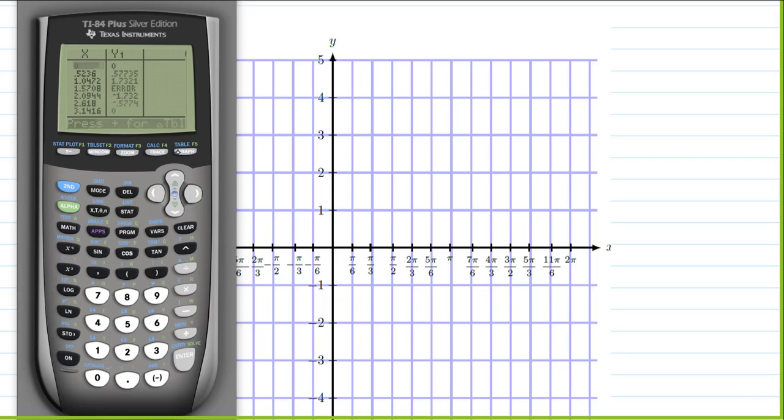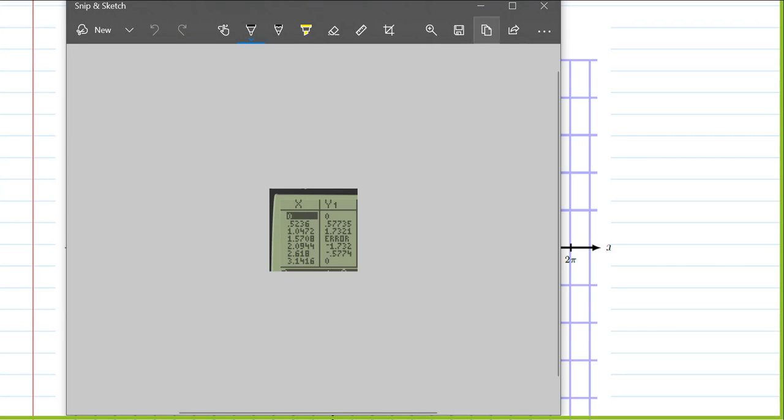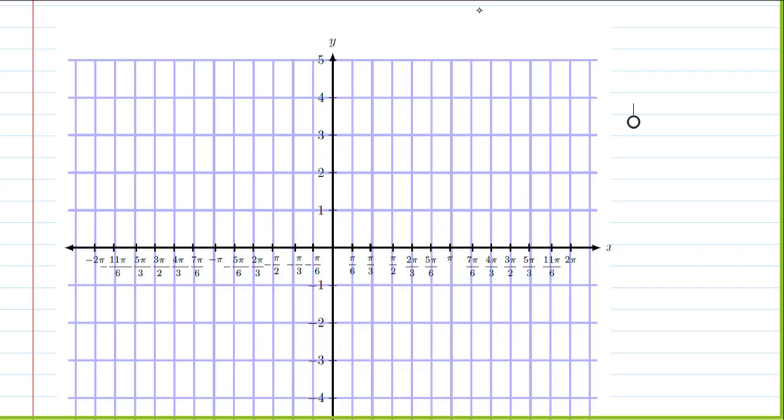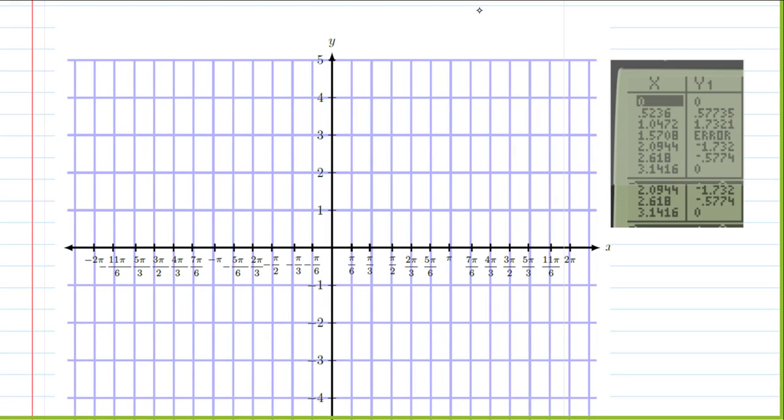And now if we go second table, we get the following set of values. 0, 0, half, pi over 3 is going to be 1.7, and pi over 2, we got an error.